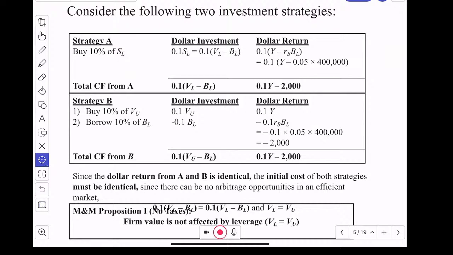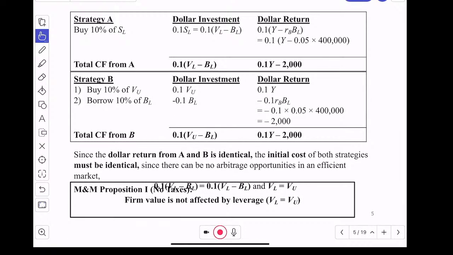So let's consider strategy A. What we're going to do is look at two scenarios: an investment in the levered firm and an investment in the unlevered firm, and whether we can determine that the value of the firm remains the same.